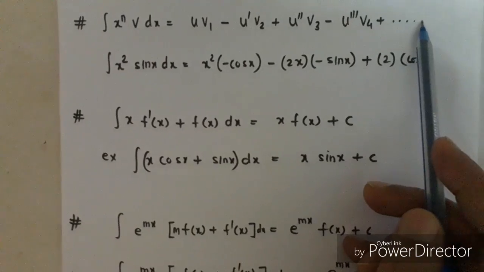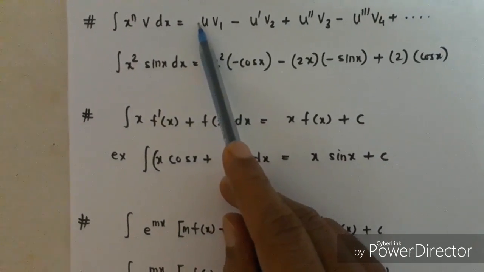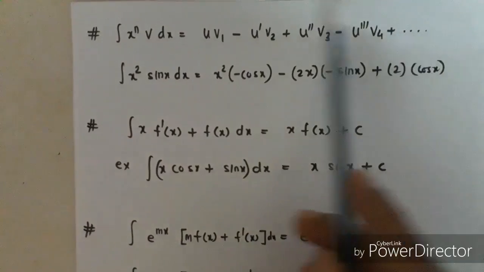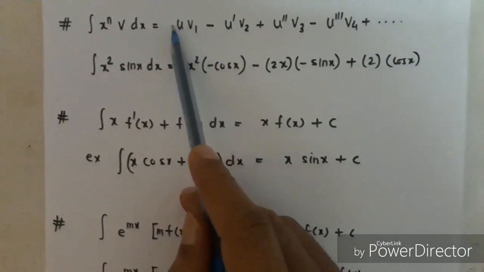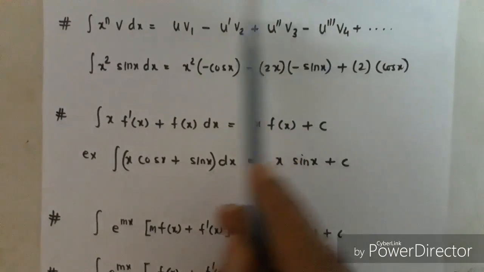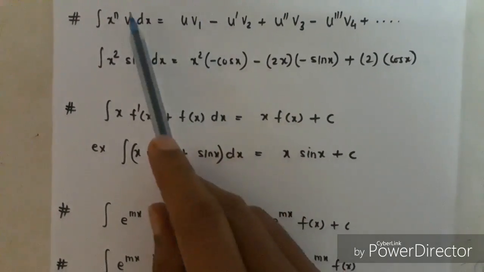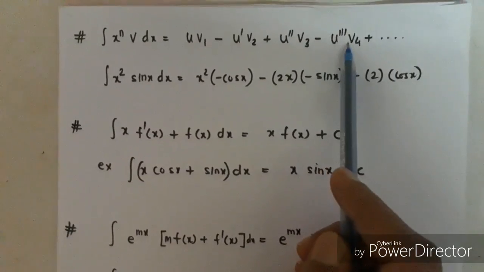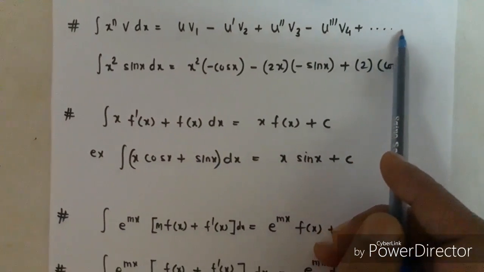So if you notice, we alternately put plus minus sign, and we start with the first term and write down its derivatives continuously, and we start with the integral of v and go on writing its higher integrals till it becomes 0.